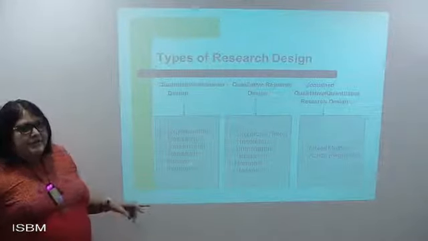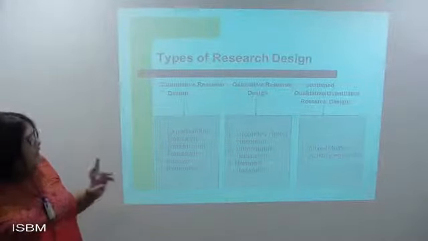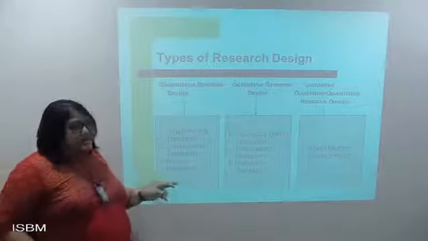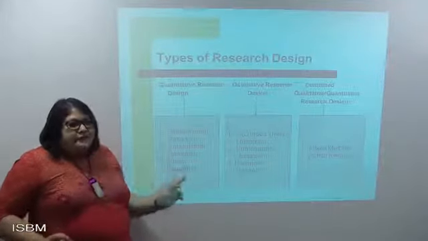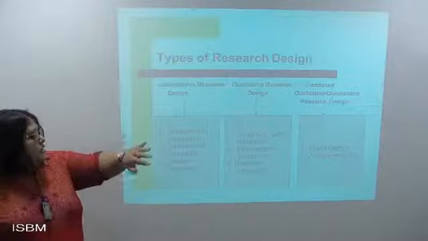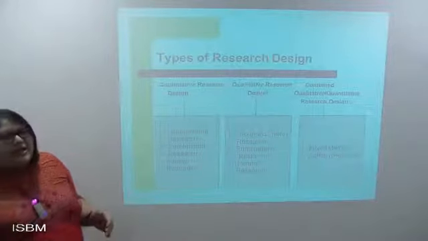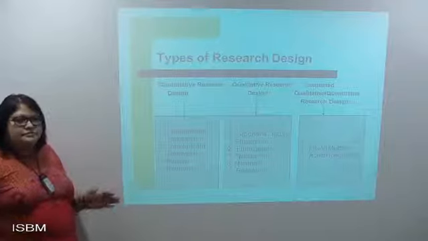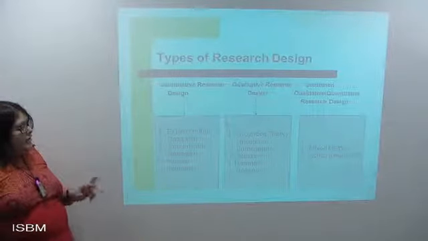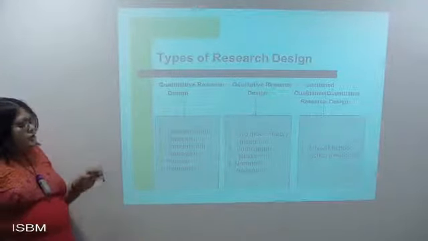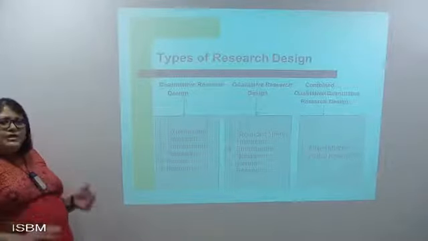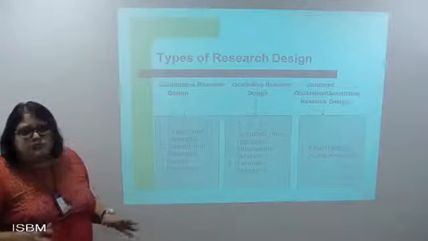Then you have the narrative research. In narrative research, you identify the individual, and you try to form a story from that individual's life.